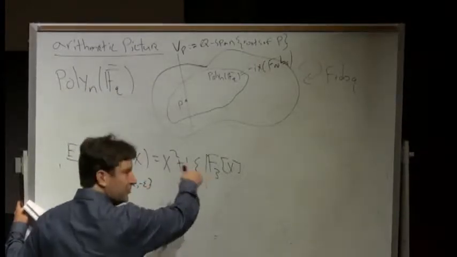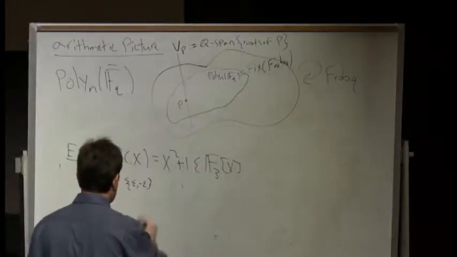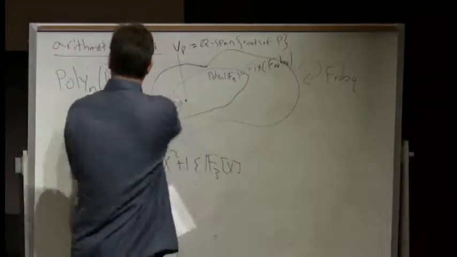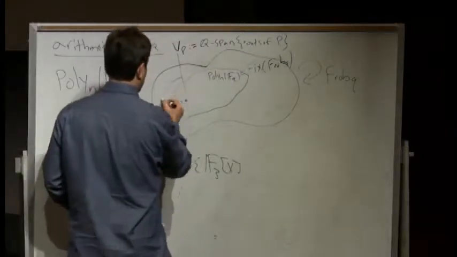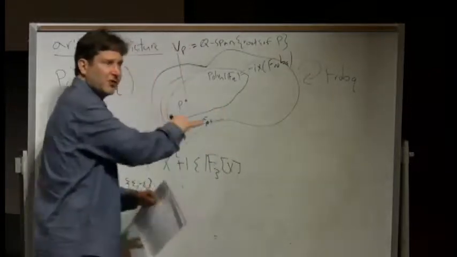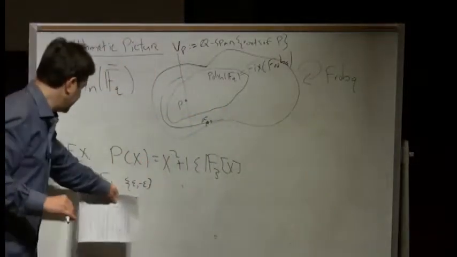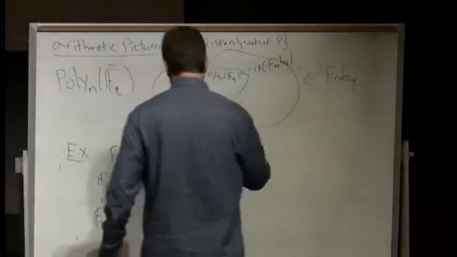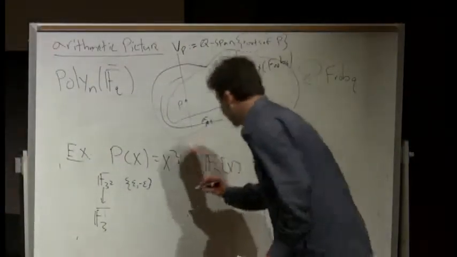Right? If epsilon is a root, then so is minus epsilon. So what's happening here is the following. You have this filtration of the space Poly n Fq. There's Fq squared points, Fq cubed, right? These are lying in the Fq squared. And what happens is Frobenius fixes.